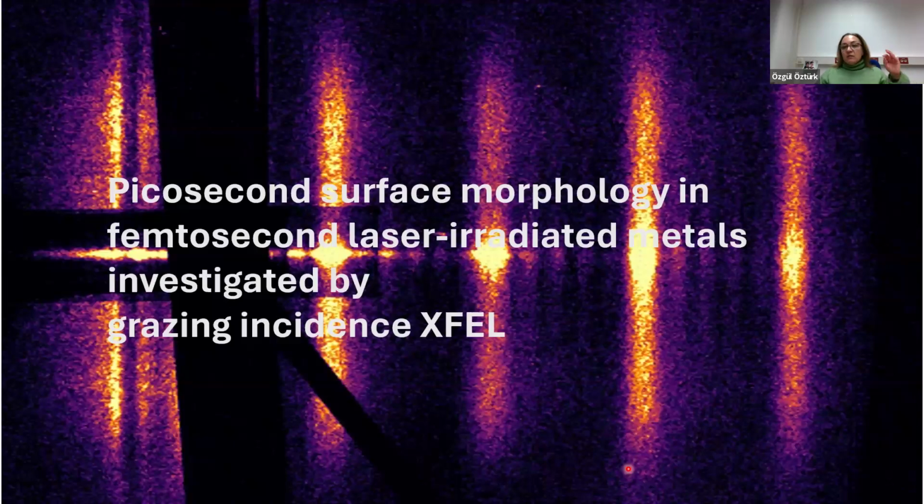So now let me show you one example where the scattering method shines. This is an experiment we did at European X-FEL. It is the picosecond surface morphology in femtosecond laser irradiated metals investigated by grazing incidence X-FEL.